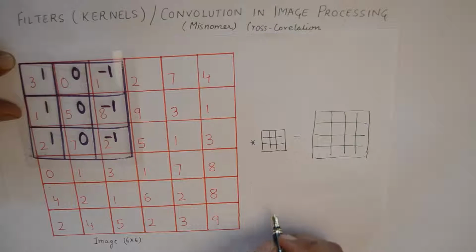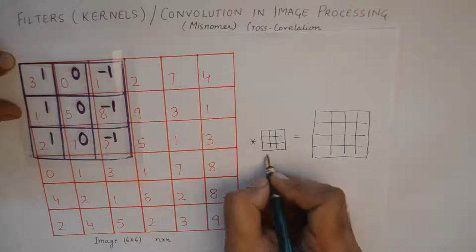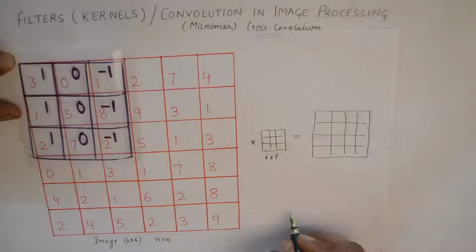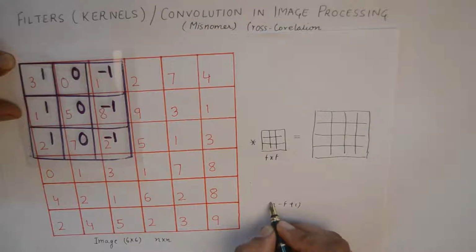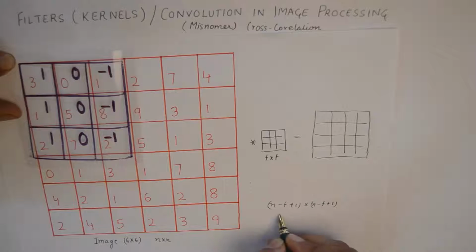The reason for that is, if this image is an n by n matrix and this filter is an f by f matrix, the resultant matrix will be n minus f plus 1 into n minus f plus 1 matrix. So in this case it will be 6 minus 3 plus 1, which is a 4 by 4 matrix. So this is the formula.